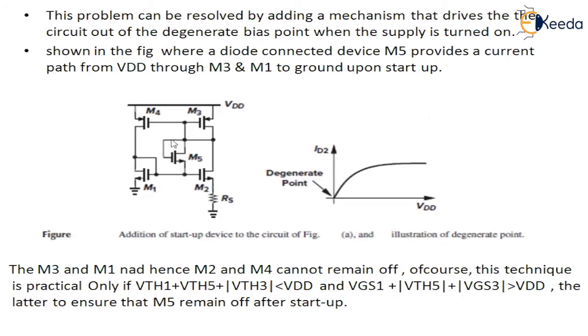This problem can be resolved by adding a mechanism that drives the circuit out of these degenerate bias points when the supply is turned on.